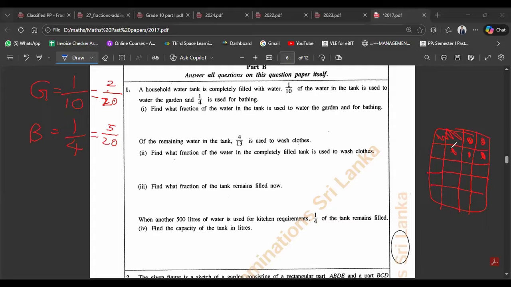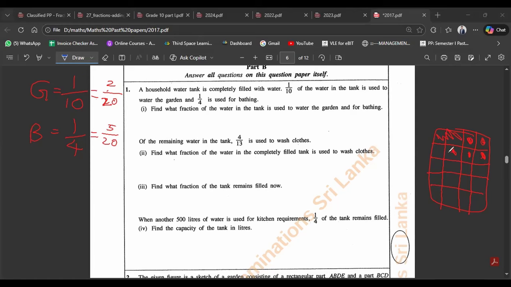Now tell me from this diagram, how much has been used in total for gardening and bathing? Come on. For gardening and bathing, how much have they used altogether?